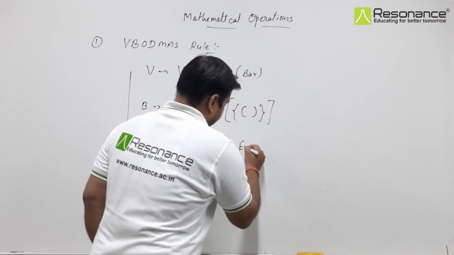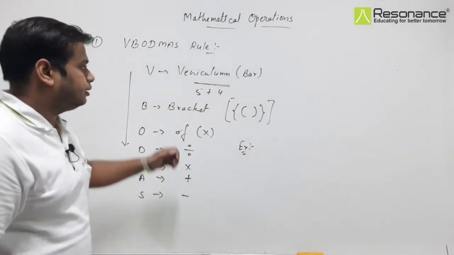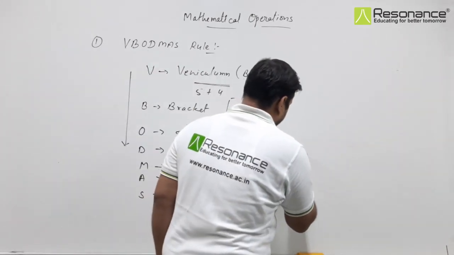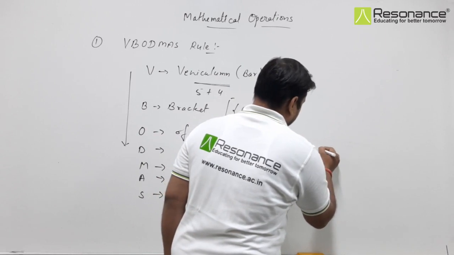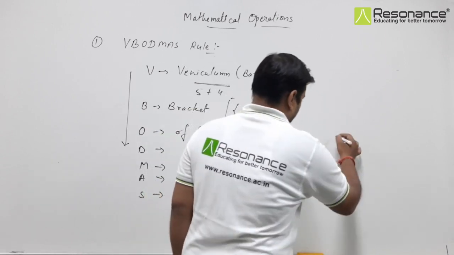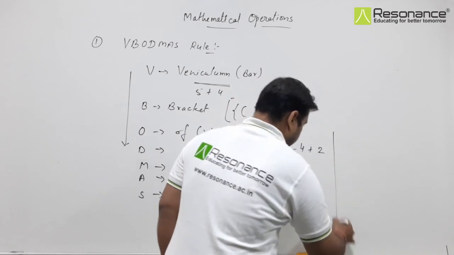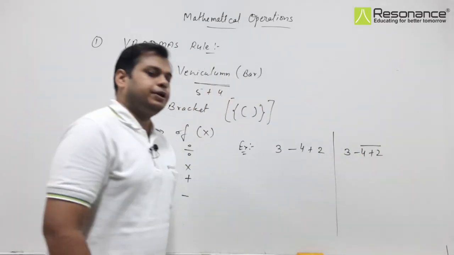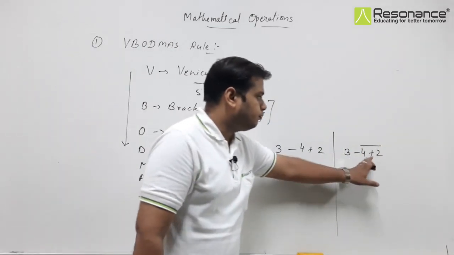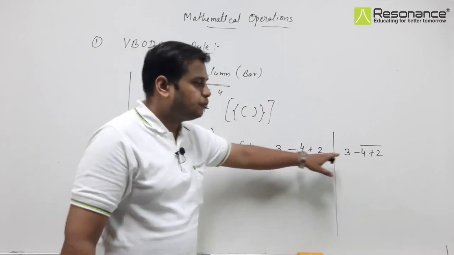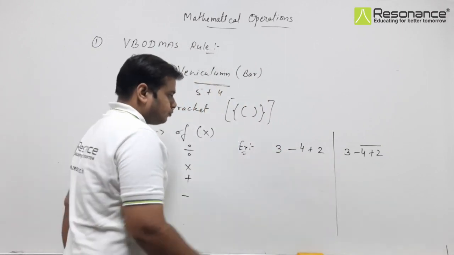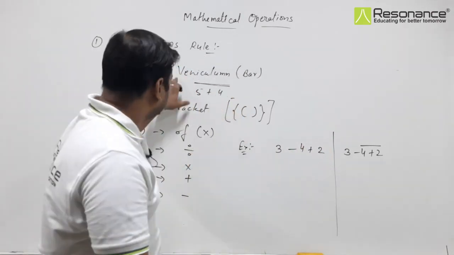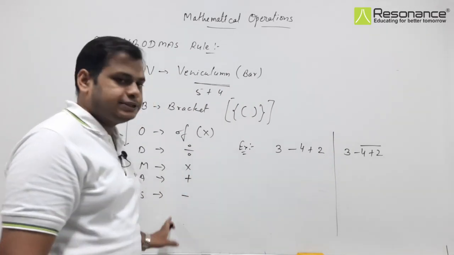Now what changes can be made if we do not follow this procedure? Suppose we have an equation 3 minus 4 plus 2. Let us see. 3 minus 4 plus 2, this is a normal equation, we do not have any kind of vinculum, bracket, or of, just addition and subtraction.